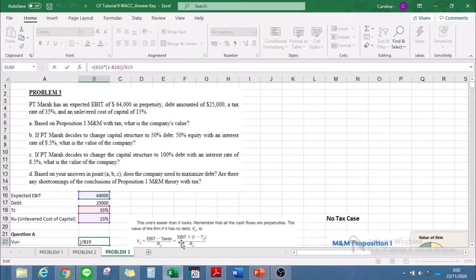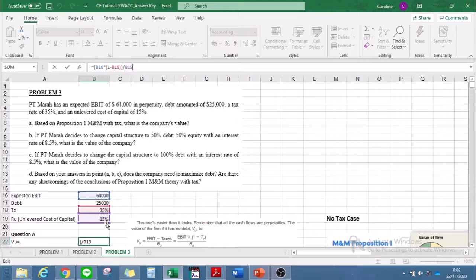You just need to multiply the EBIT with 1 minus tax, because it is assumed that you have the tax here, and then you divide that by the RU, or the unlevered cost of capital.